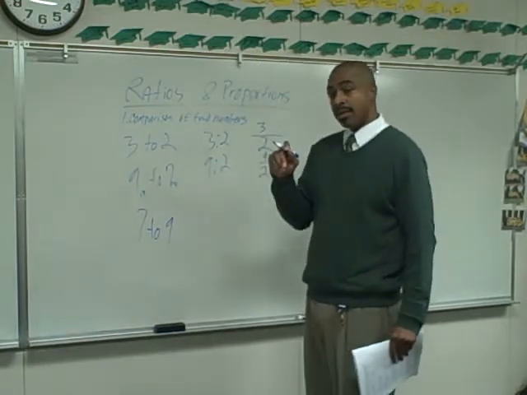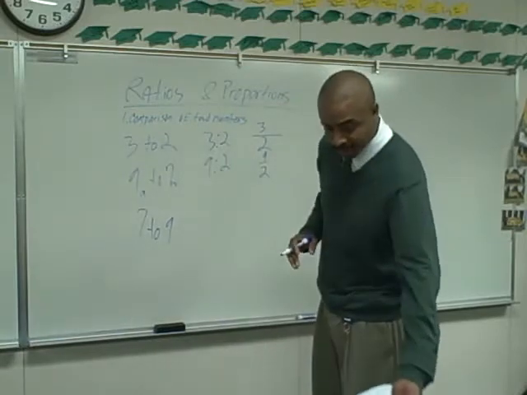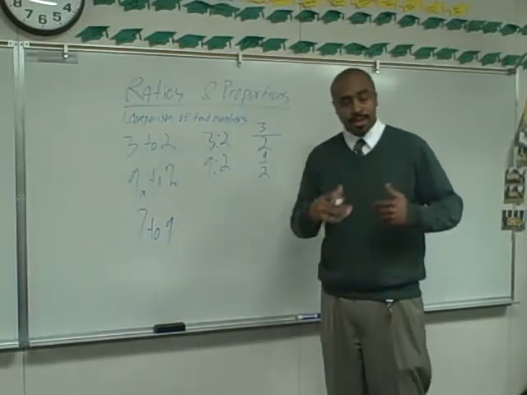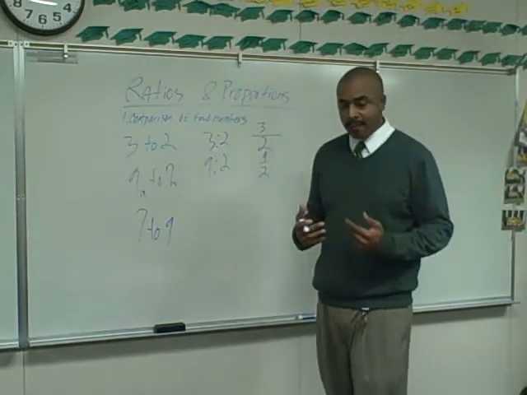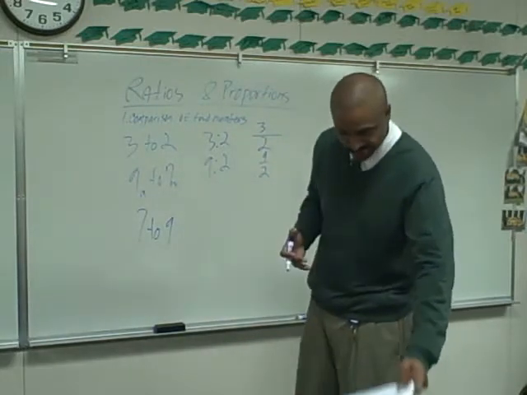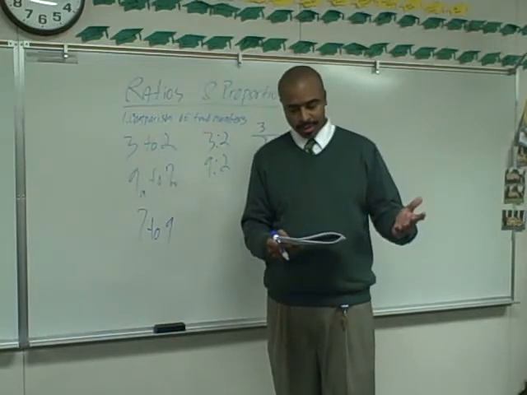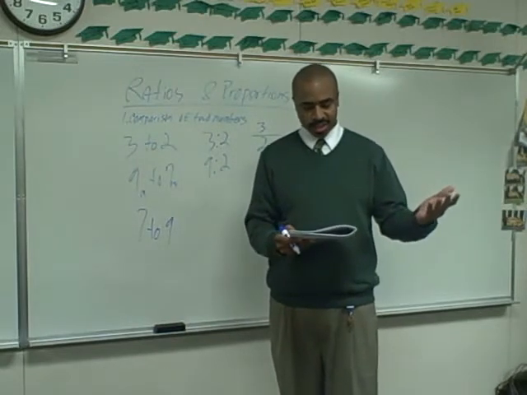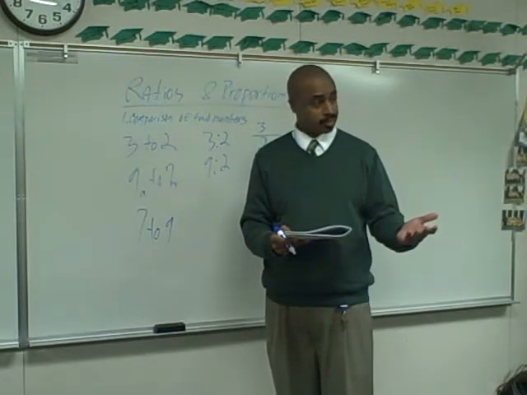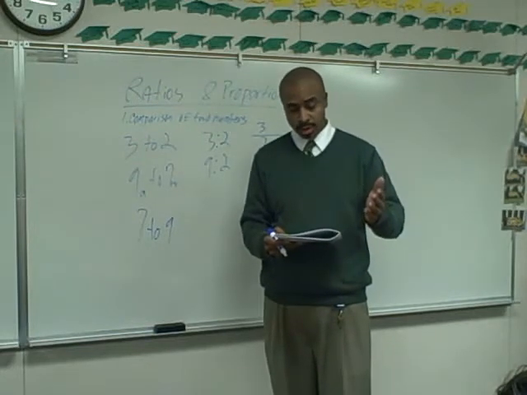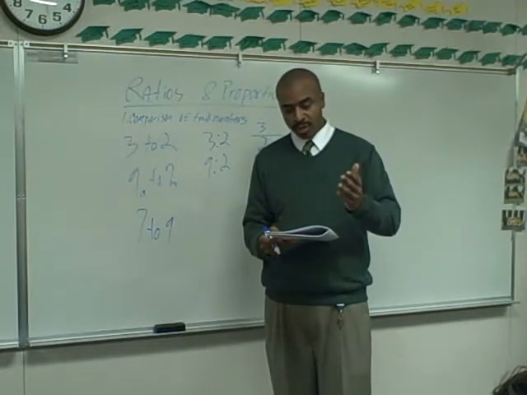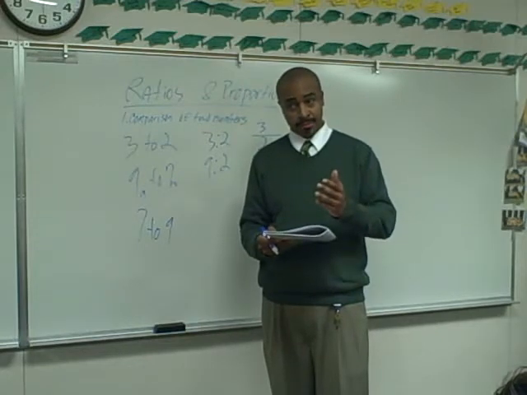So now, that's a very interesting point, because sometimes what will happen in a ratio problem is that, let me just read this example to you. Mary has 7 chickens and 5 cows. What is the ratio of cows to chickens?